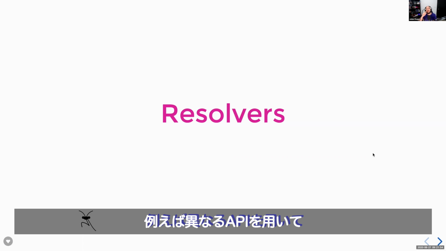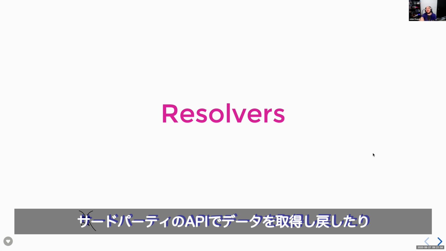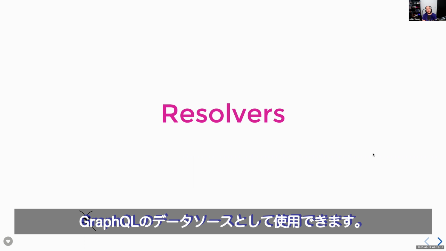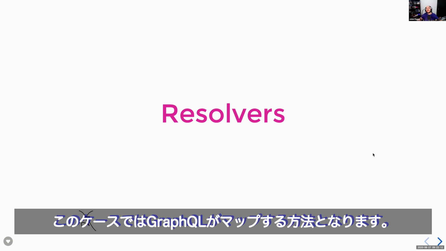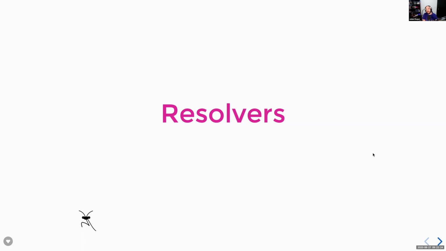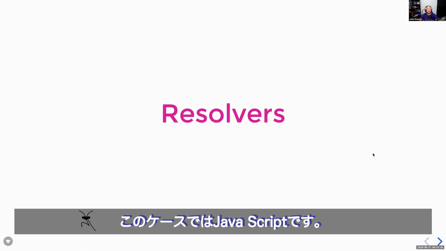For example, when implementing those operations, you can go to a third-party API, fetch the data and return it. You can use local data, reading files, for example, or use those files as the data source for GraphQL. So in this case, GraphQL is just a way to map operations through a query to a function in the language you are using. In this case, it's going to be JavaScript.